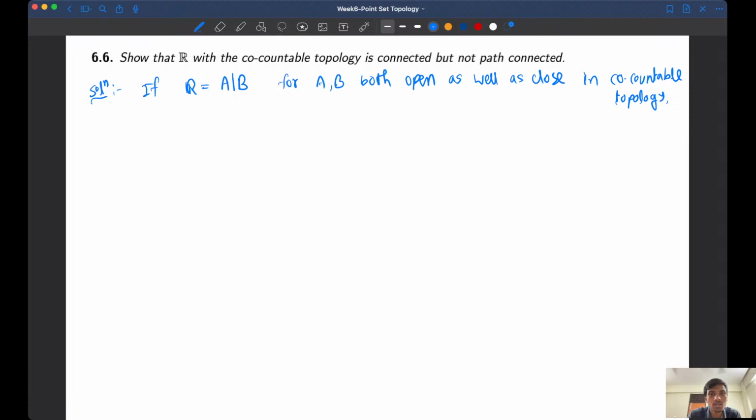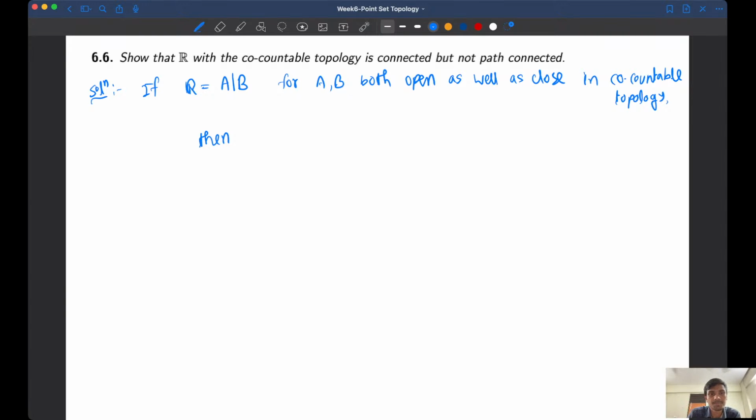Then it is closed means again that A and B both are countable, right? Because open means their complement is closed, and closed sets are countable sets here.